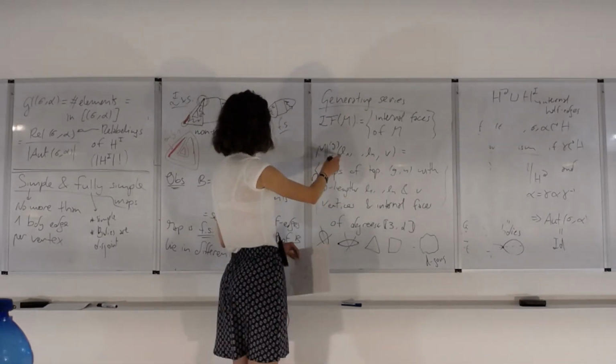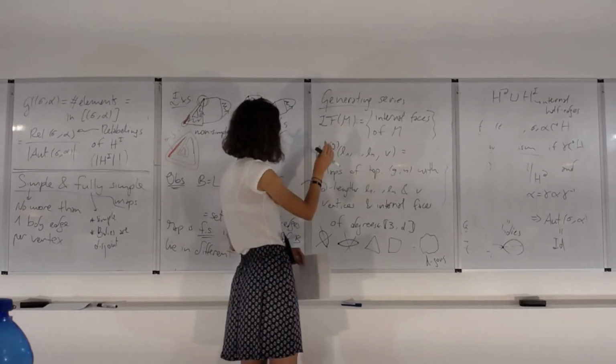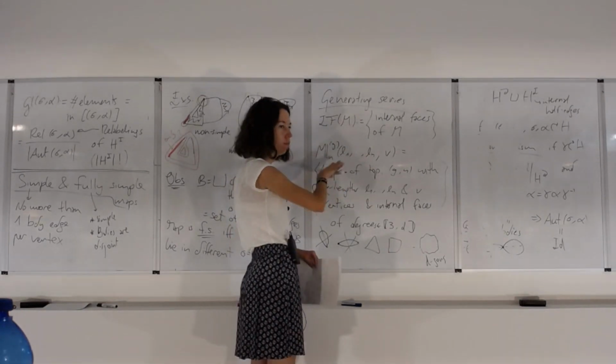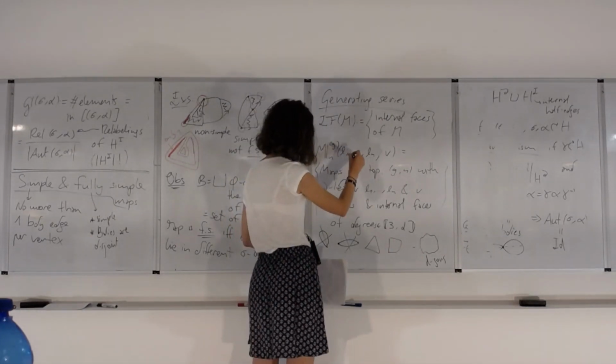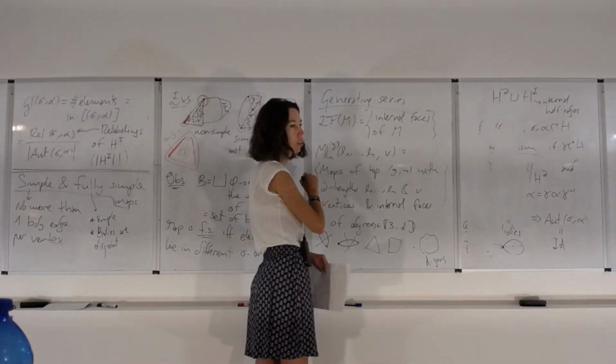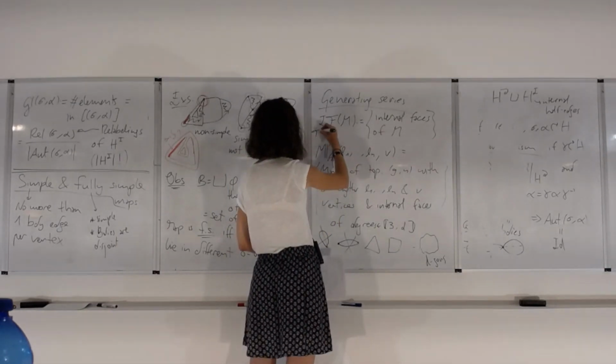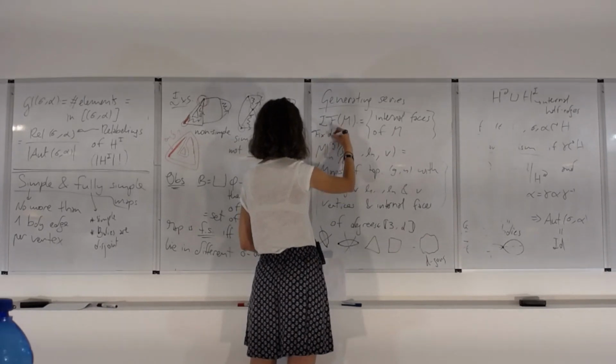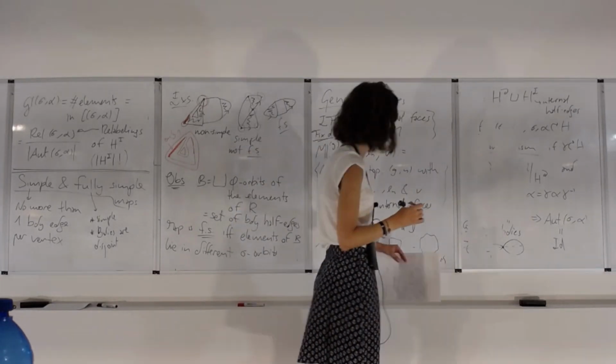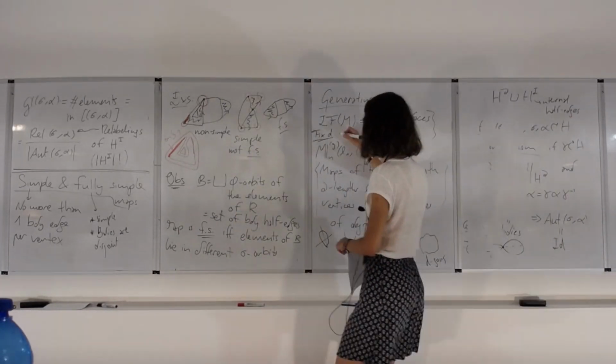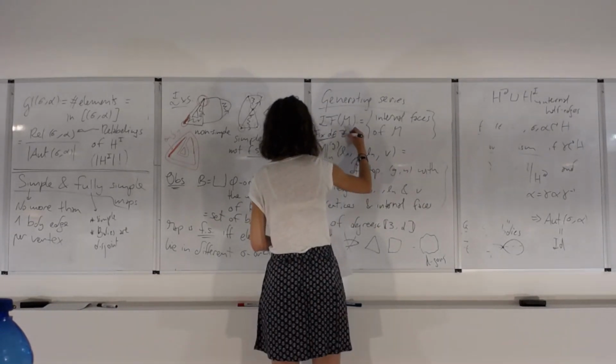You mean that I didn't put D here? Yes. Okay, we could maybe add D as well. But you fix D for each generating series? Yes, we fix D, some integer bigger or equal than 3.